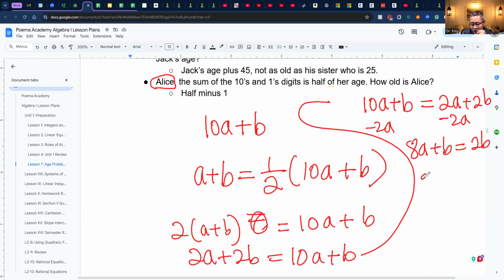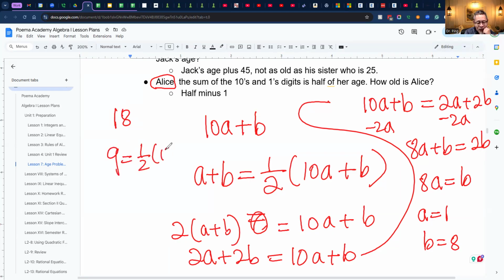Then 8A will be B. We know each digit has to be less than 10, so A can only be 1. And A cannot be 0, because if A is 0, B is 0. So now we know A is 1, B is 8, so her age is 18. Let's check: 1 plus 8 is 9, and 9 is indeed half of 18. So that's how we solve that one.